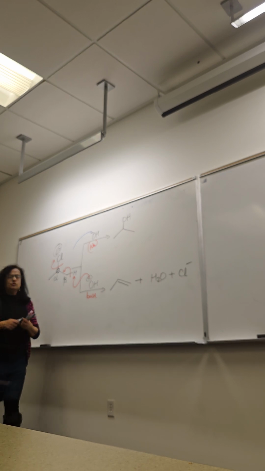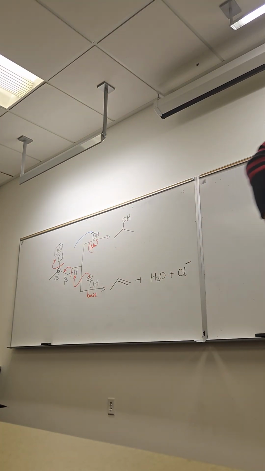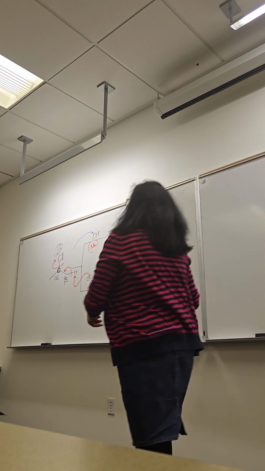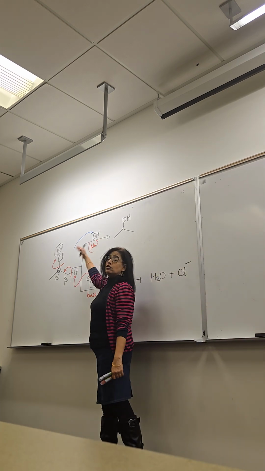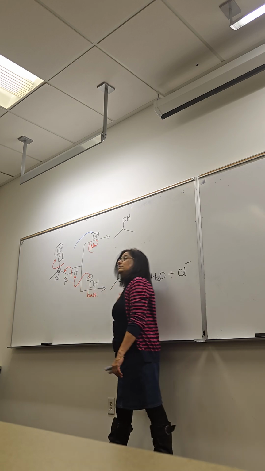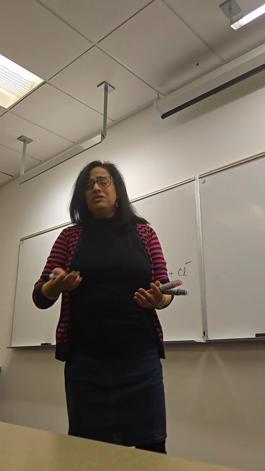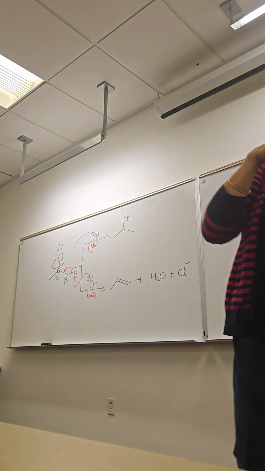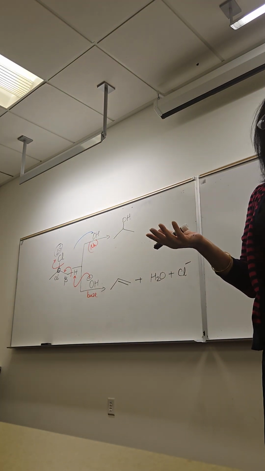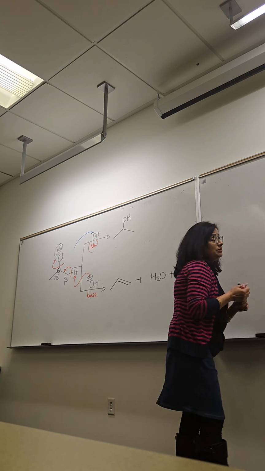Nucleophilic substitution and elimination reactions go hand in hand, because anything that's electron rich can either act as a nucleophile and do substitution, but hey, it can also act as a base and do elimination. So that's the added layer: if you're doing substitution, there's probably going to be elimination as well. And vice versa, if you're doing elimination, there's probably going to be some substitution as well. But we will put it all together a little bit later.